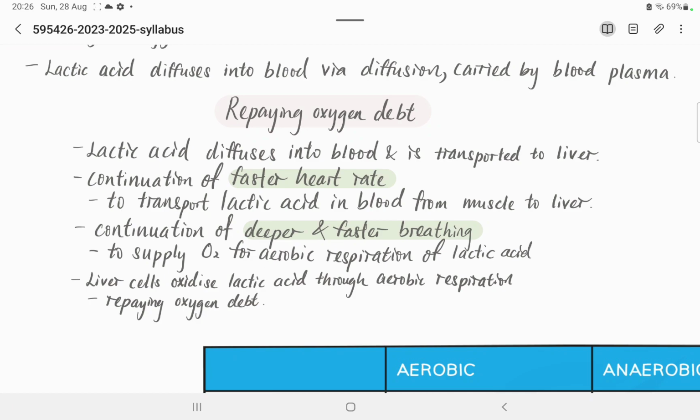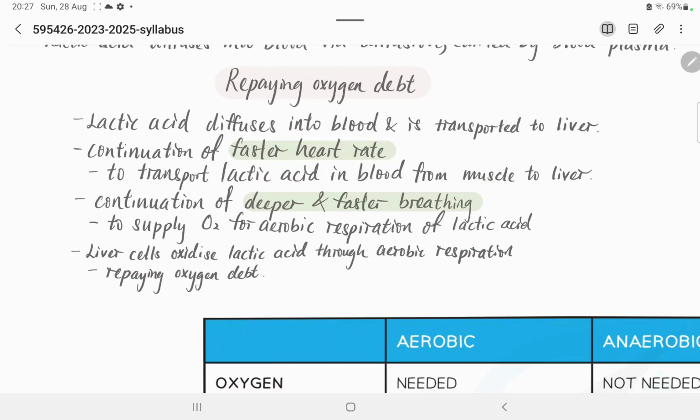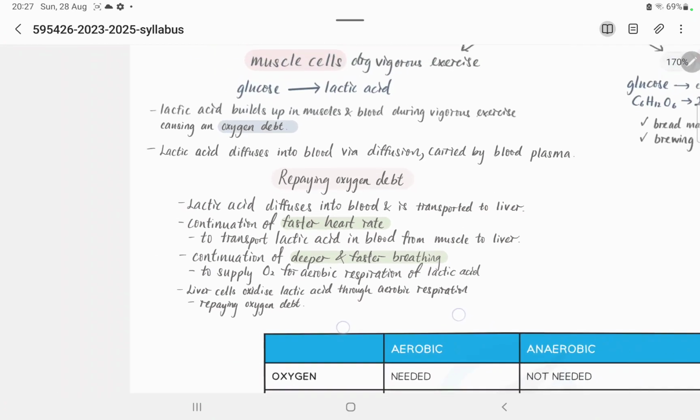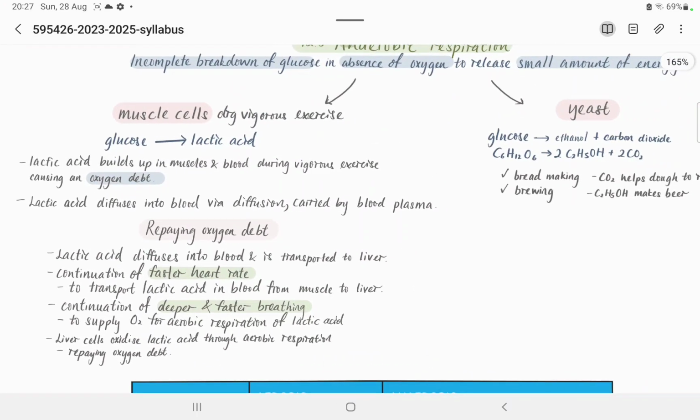Okay, this aerobic respiration of lactic acid occurs in liver. That's why lactic acid has to be transported to liver faster. And then after that, liver cells, they oxidize this lactic acid through aerobic respiration. And then last point you need to write is repaying oxygen debt. Okay, so this is all for the anaerobic respiration for muscle cells.